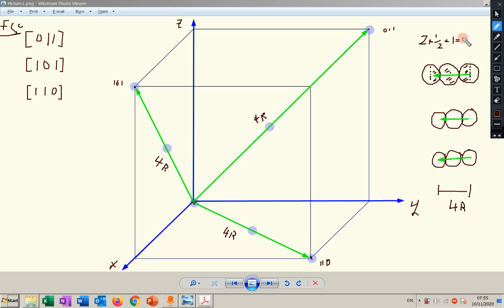That's going to be 2 atoms. 2 atoms over 4r, which gives us the linear density for the 3 directions, all of them. So linear density for all of them is equal to 2 over 4r, which will be 1 over 2r.